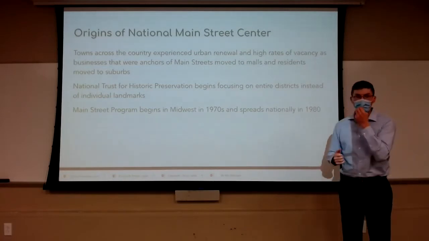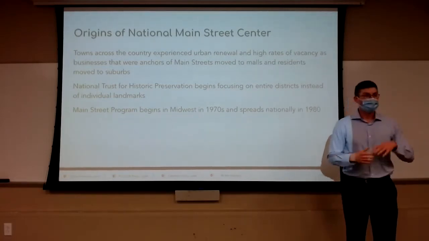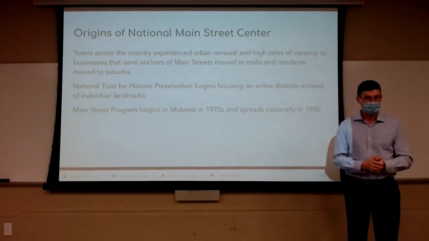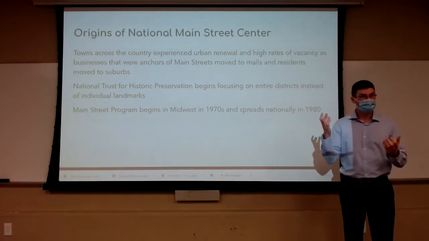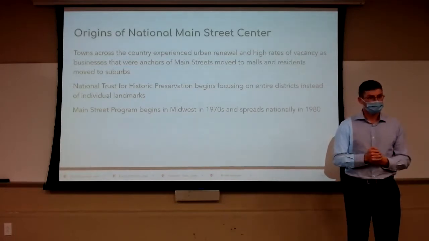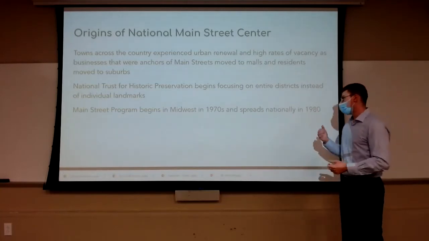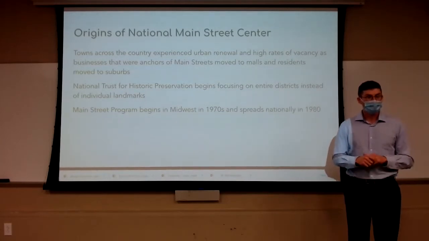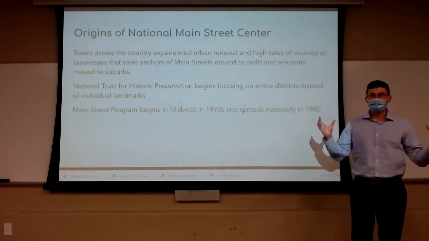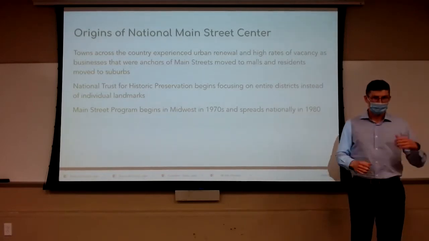So they launched a pilot program in the Midwest that evolved into a Main Street program and was designed to protect and nurture commercial districts in small towns around the country. So it begins in the 1970s and spreads nationally in 1980 with some funding from the federal government, and the program spreads to be housed in individual states.